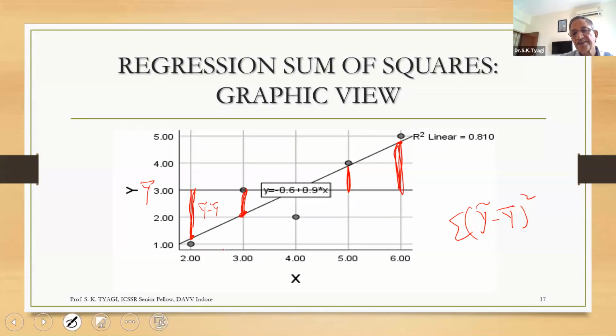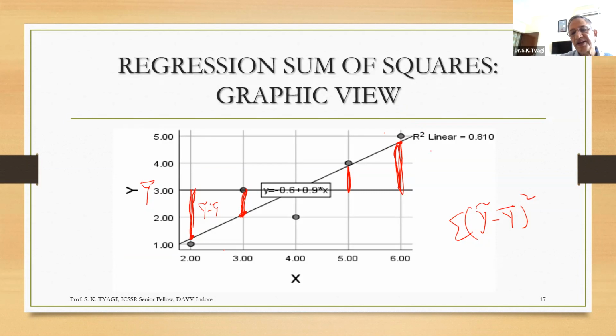So basically, this is the regression line. This is the line of mean. If you move the regression line clockwise, these distances become gradually less and less. Therefore, regression is becoming less and less, and error is becoming more and more.